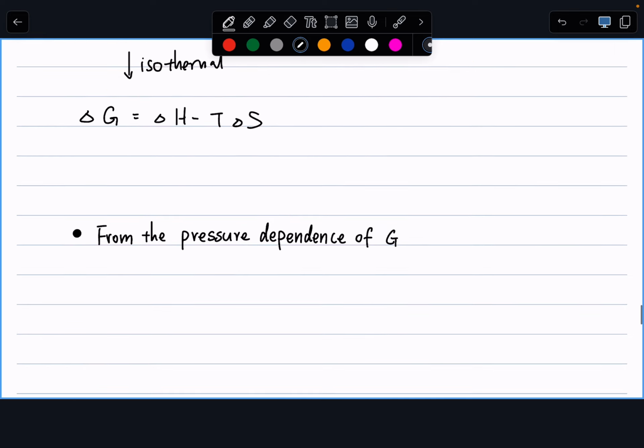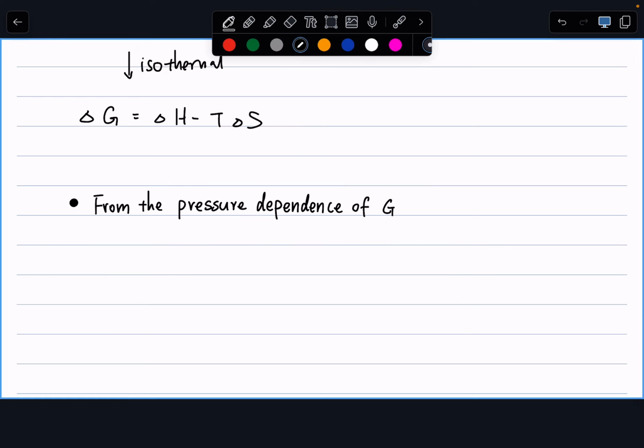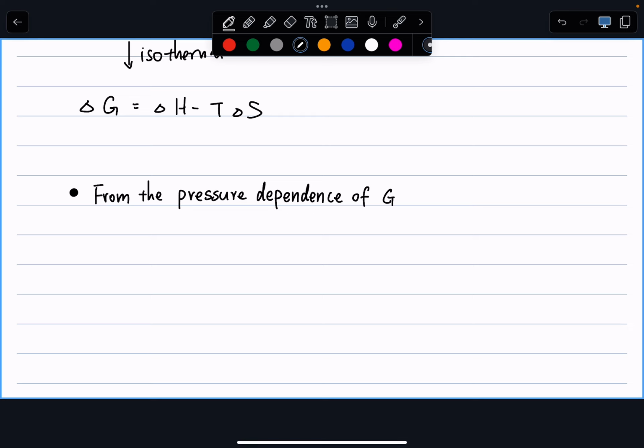And in addition to that, we went over the pressure dependence of G. So when we're talking about constant temperature or isothermal processes, we have Gibbs free energy only as a function of pressure.